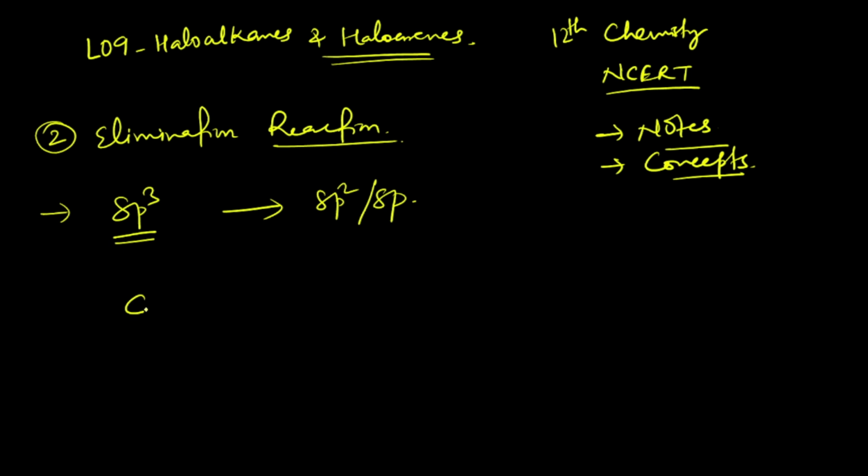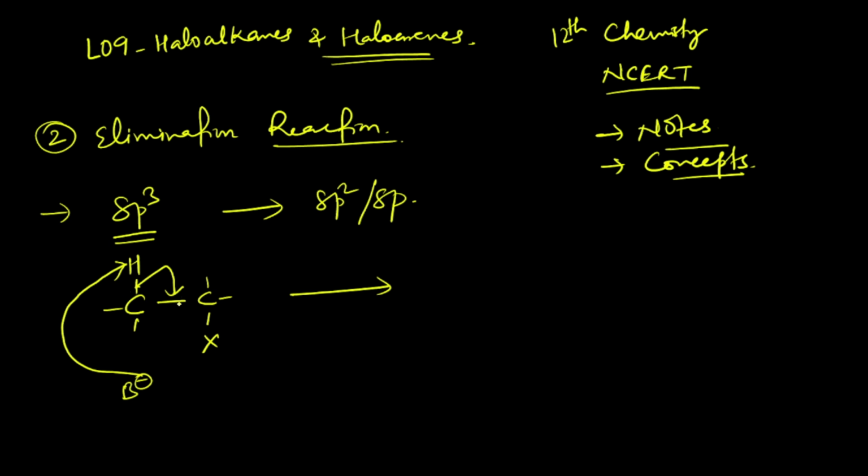So suppose here a carbon is there, hydrogen, and then a single bond, again one carbon, and here you have one leaving group. Now what is happening? If your reaction contains a base, this base will take this proton and this bond will shift over here.